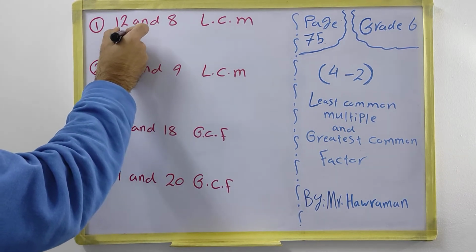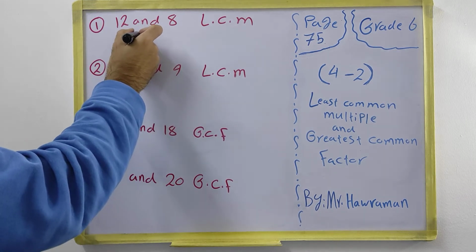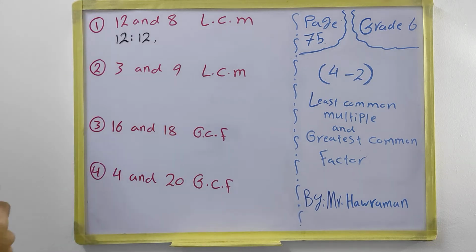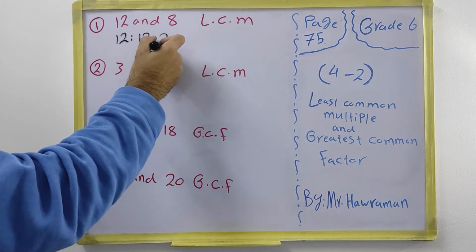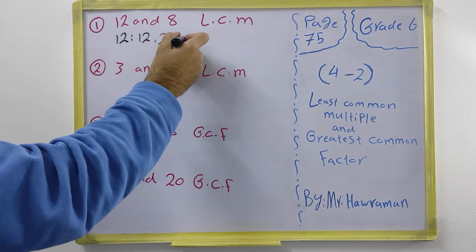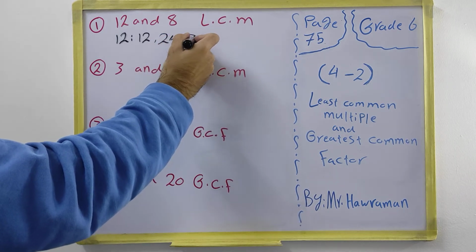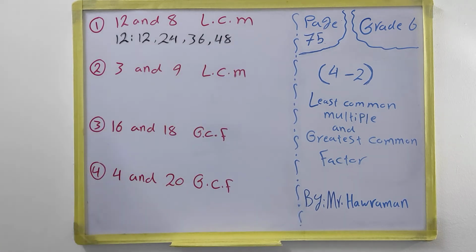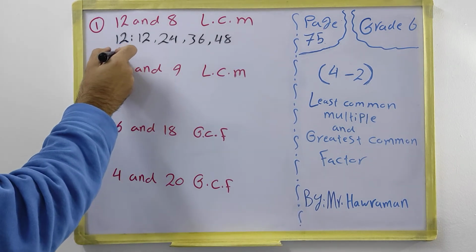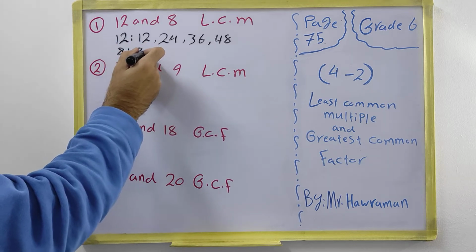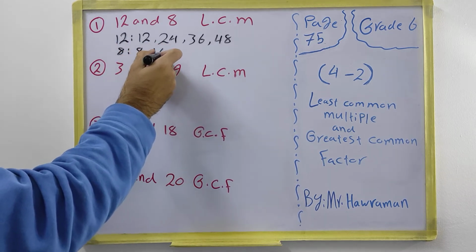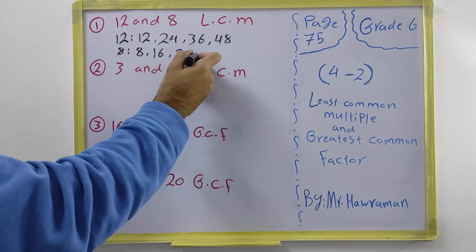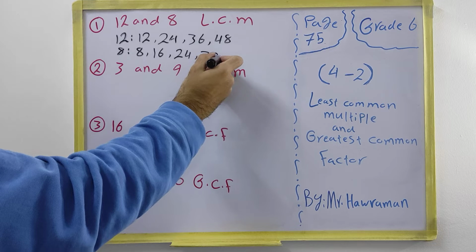The multiples of 12, we say 12, we keep adding 12: 12 and another 12, 24, another 12, 36, another 12, 48. For number 8, 8 plus 8, 16, plus another 8, 24, plus another 8, 32.